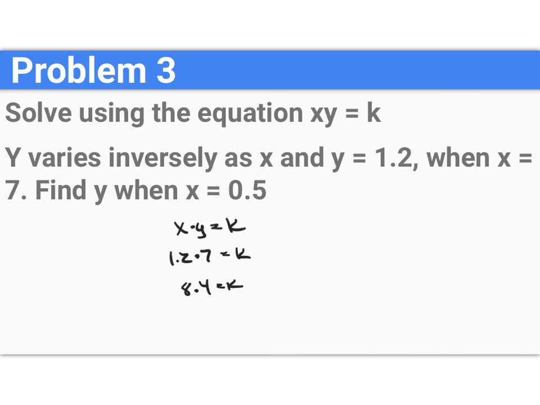Then find y when x equals 0.5. And y equals 8.4 divided by 0.5, and y equals 16.8. I know that 0.5 is half, and if I double 8.4, I'll get 16.8.